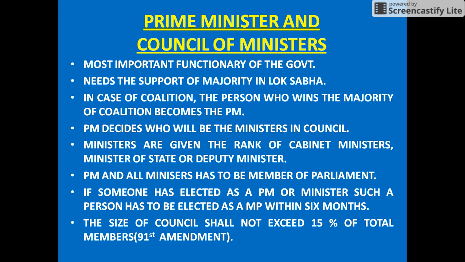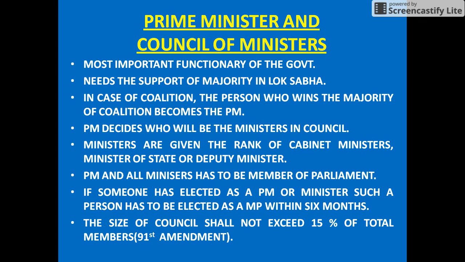The size of the council shall not exceed 15% of total members. This is very important. Earlier, till the 91st Amendment, there was no limitation on ministers. The PM could select whatever number he wanted. Then after the 91st Amendment, which was in 2003, a limit of 15% was put. So why was it put at 15%?